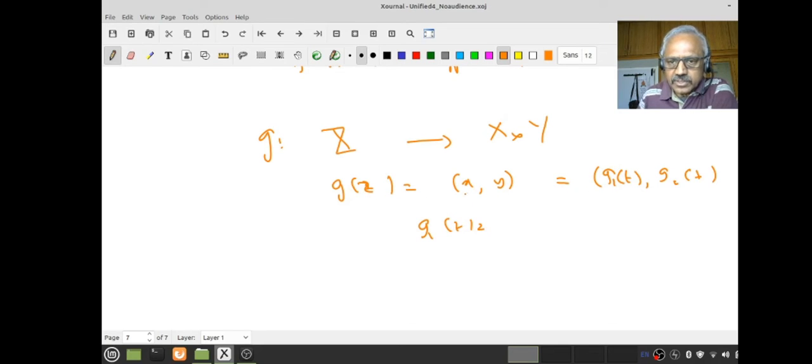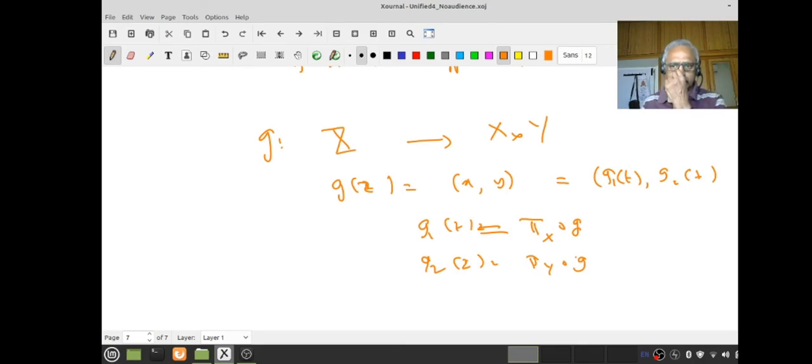Take G of Z, which is x comma y, and project it on the first factor, that is, G1 of Z is nothing other than pi x composite G, and G2 of Z is nothing other than pi y composite G for a similar reason. You understand? Therefore G is continuous if and only if this is continuous, same as saying G1 and G2 are continuous. This is reminiscent of what you have learned in several variable calculus. Okay, please understand. Pause, review, proceed.